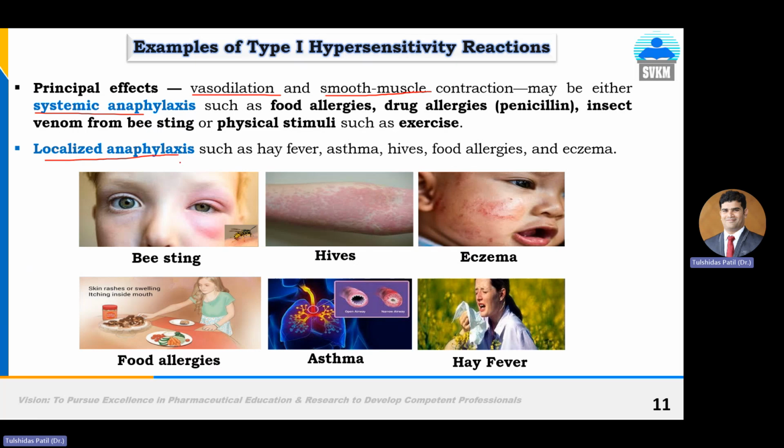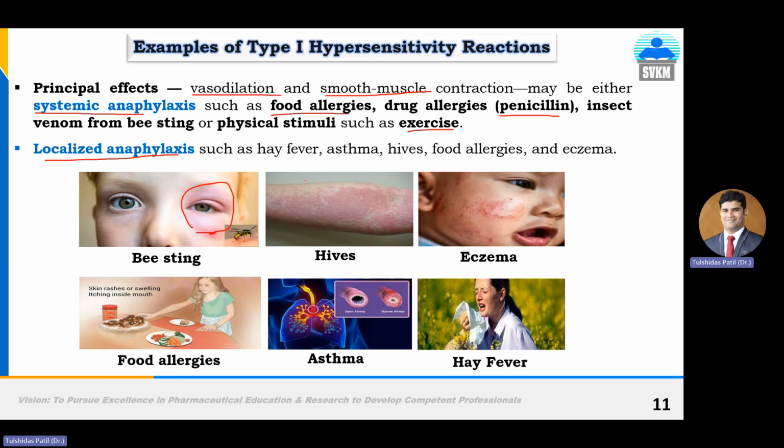Systemic anaphylaxis includes food allergies, drug allergies such as to penicillin, and insect bites like a bee sting, which leads to secretion of venom and a type 1 hypersensitivity reaction. There can also be a hypersensitivity reaction because of physical stimuli, like excessive exercise. So these are different examples of systemic anaphylaxis.